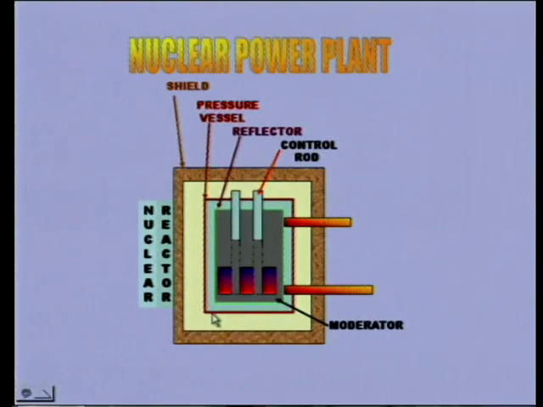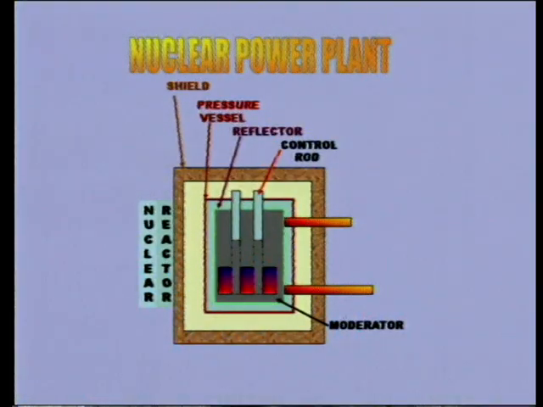So, the pressure vessel provides us with the thermal lining, it protects the shield from the heat that is generated in the reactor core, and it is made up of 50 to 60 centimeters thickness of steel, isn't it. Now, let us talk about the next component, that is the shield.